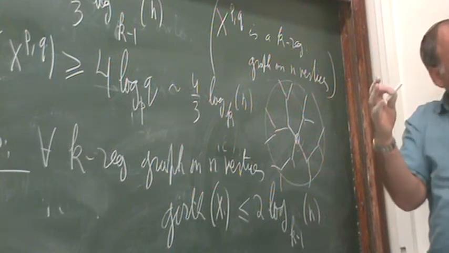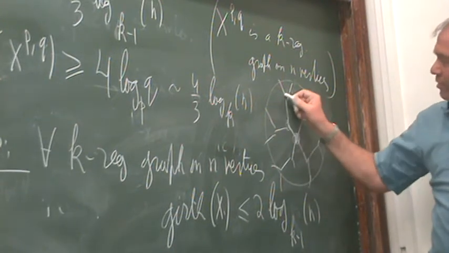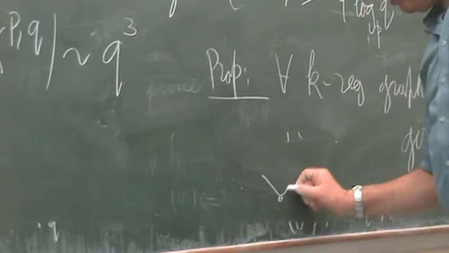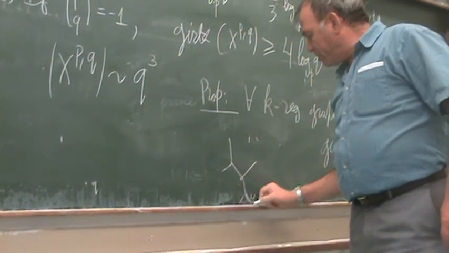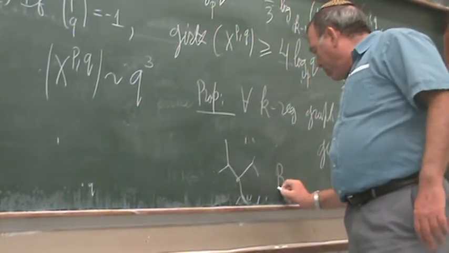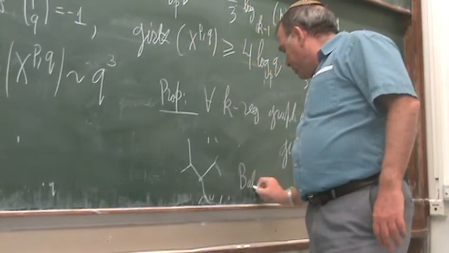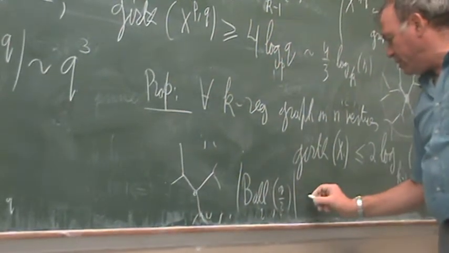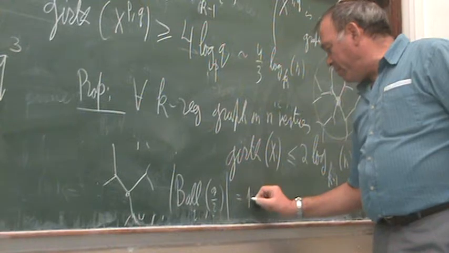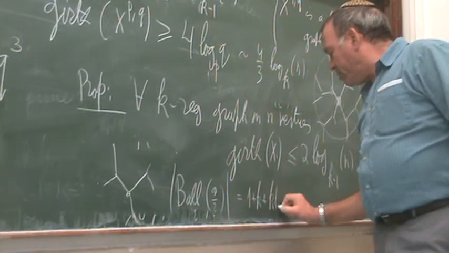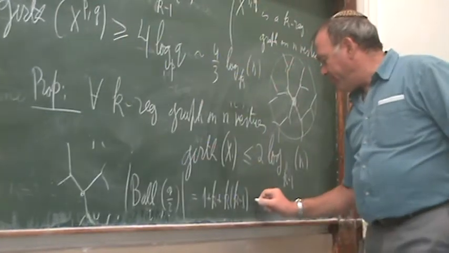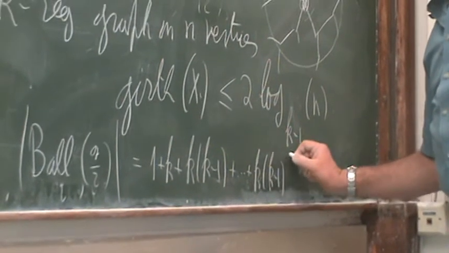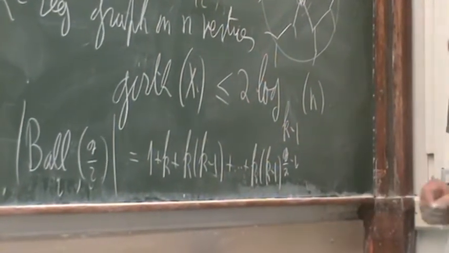So you count how many points you have: you start with your point, you have K points, and then K minus 1, etc. In the ball of radius G/2, the number of points is equal to 1 plus K plus K times K minus 1, up to K times K minus 1 to the G/2 minus 1.